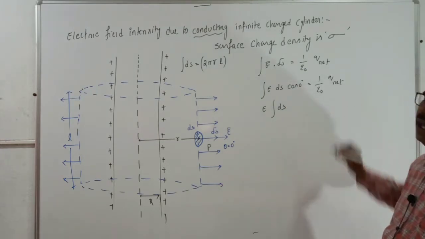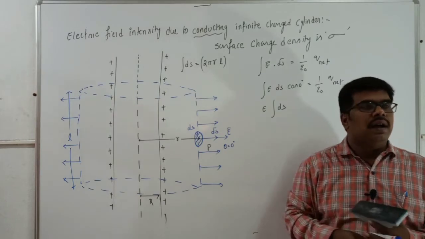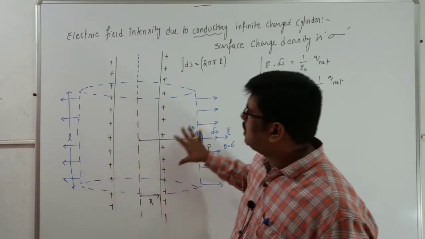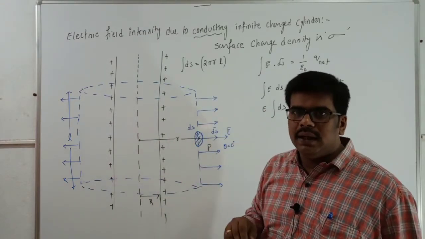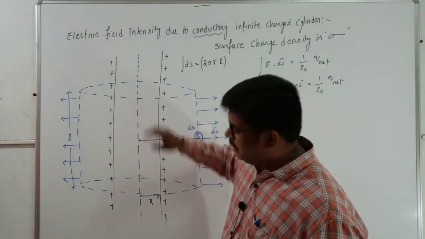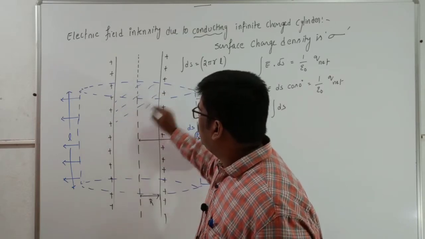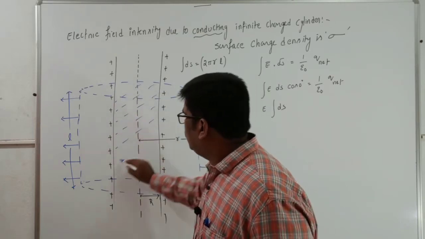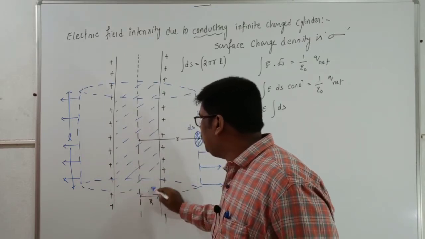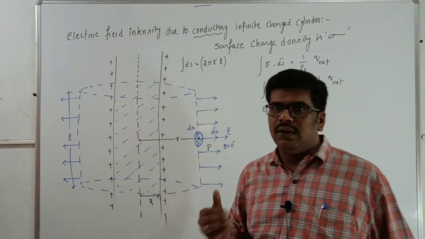And what about the charge enclosed? We need to understand how much charge this Gaussian surface encloses. This is the charged body. The net charge enclosed by the body, as we discussed in the linear conductor case, is linear charge density times length.